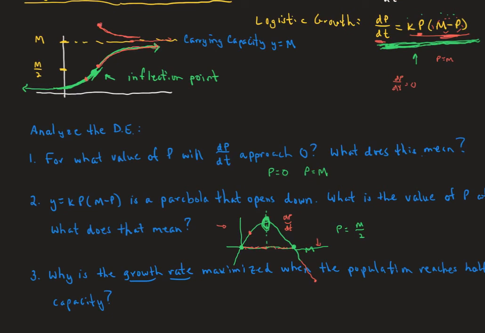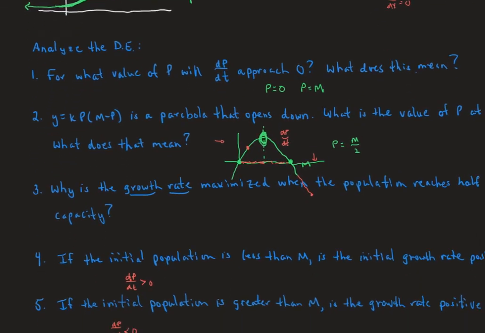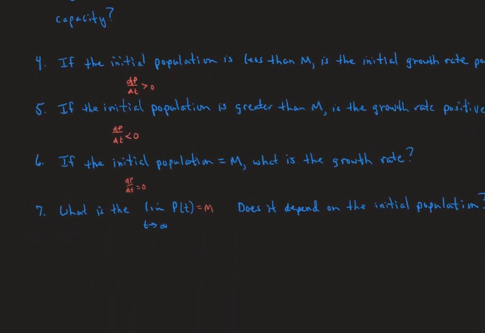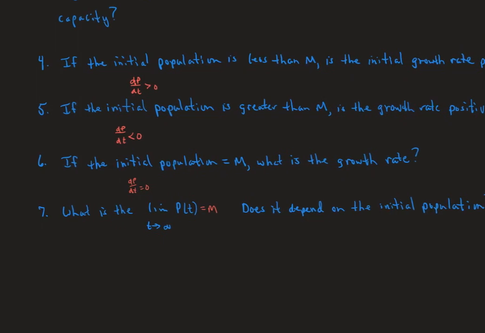If it starts above, the conditions are going to make the growth rate decrease, and it's going to push it down towards the carrying capacity. And if it starts right on the carrying capacity, it's going to have a growth rate of 0. It's going to want to stay right where it is. So no matter what, the limit as t goes to infinity of P(t) is equal to M. I guess the only exception would be if the initial population was 0. In that case, it would just stay 0.